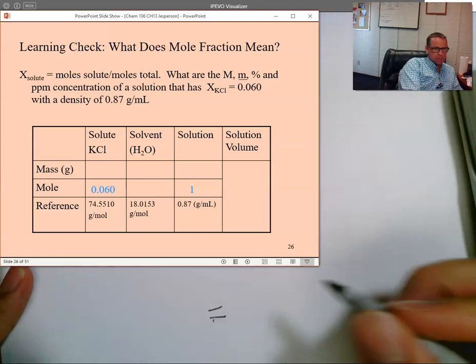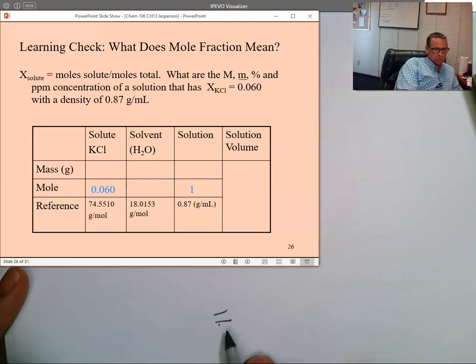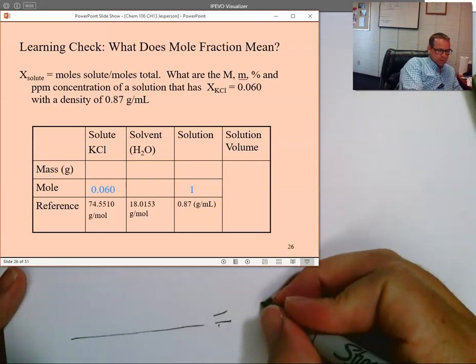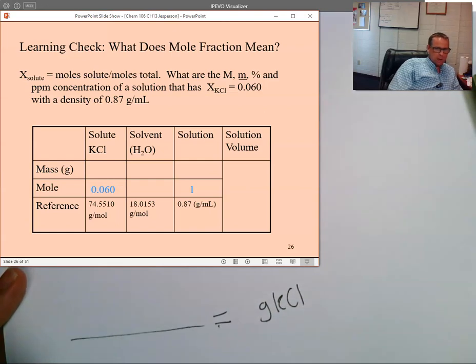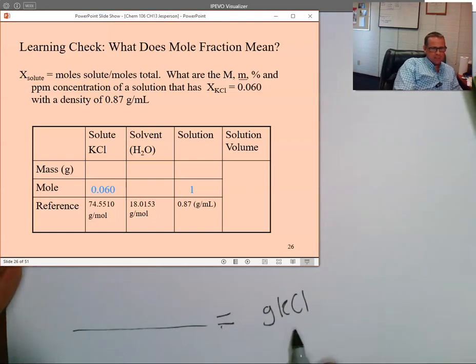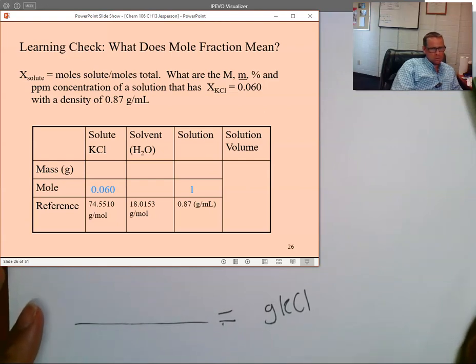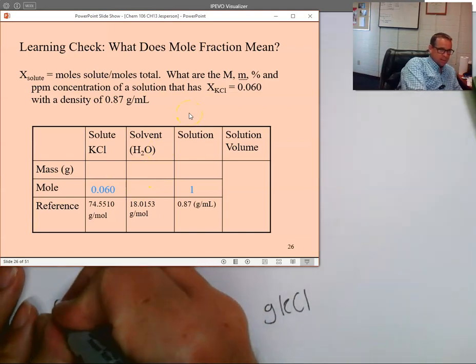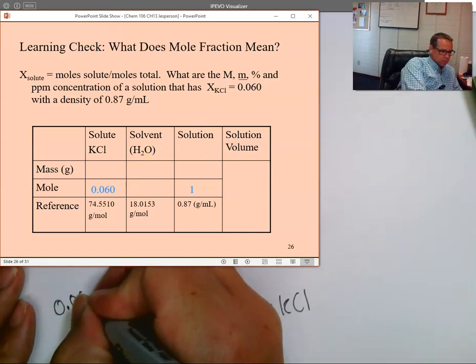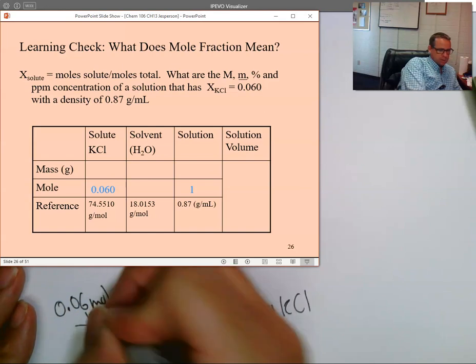We're looking for the mass, the grams of KCl, right? Correct. And 0.060, what are its units? Moles. That's right. 0.06 moles of KCl.